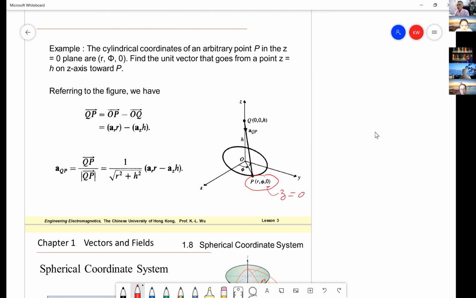Then I have another point located along the z-axis, which I call point Q. Then I need to find the unit vector from point Q to P. So if I can find the vector QP, and then divide by its length, this is my unit vector, okay? To find QP, it is a vector from point Q to P.